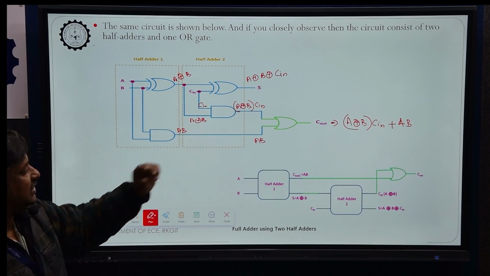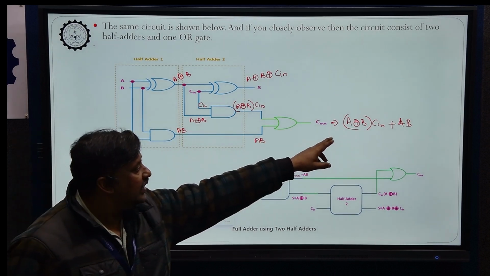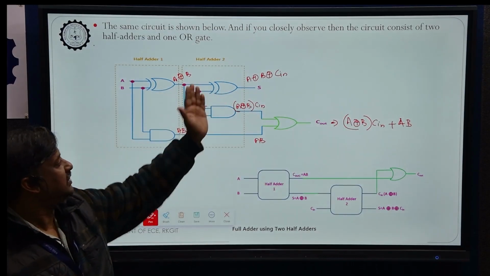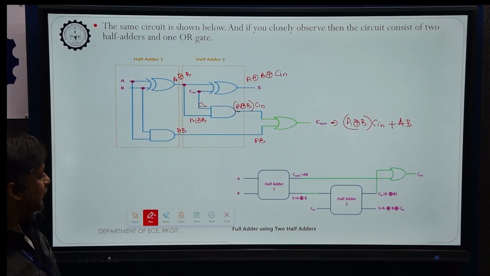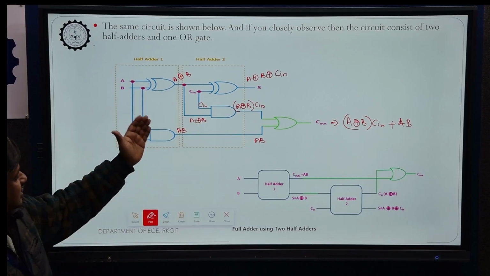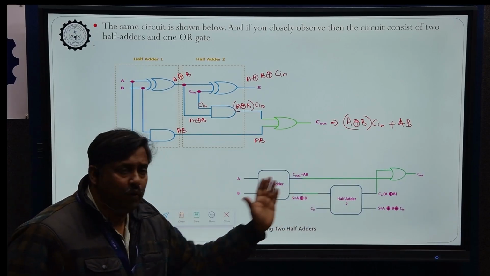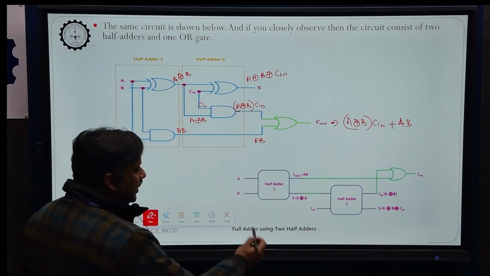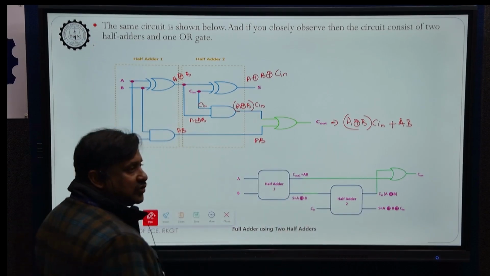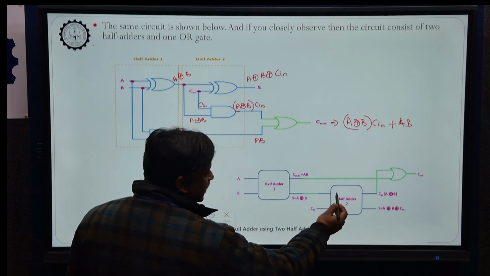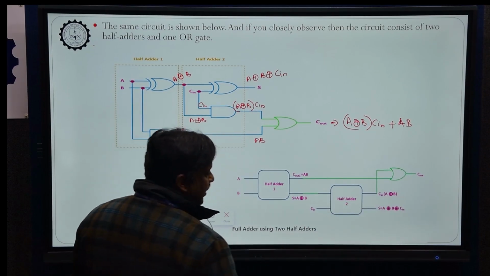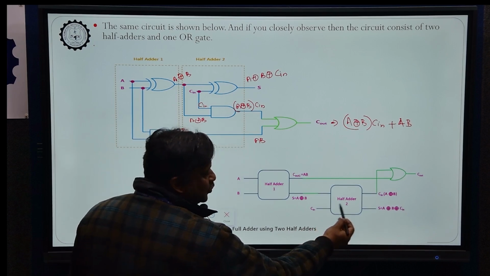Okay, so you can see the carry output is (A XOR B) into C in plus AB, and the sum is A XOR B XOR C in. And this is the representation in the form of a block diagram. You can see the first half adder will produce carry AB and sum A XOR B, and that sum is given to our second half adder, which will produce sum equal to A XOR B XOR C in, with C in given to the second half adder.